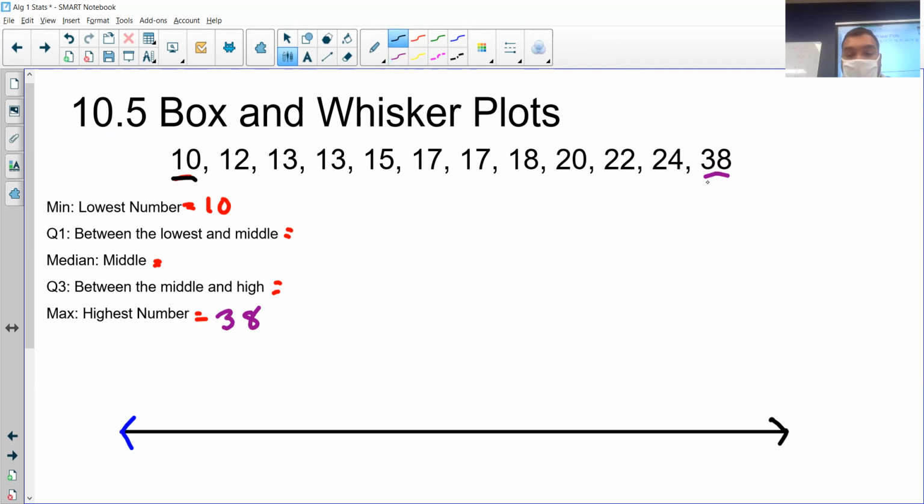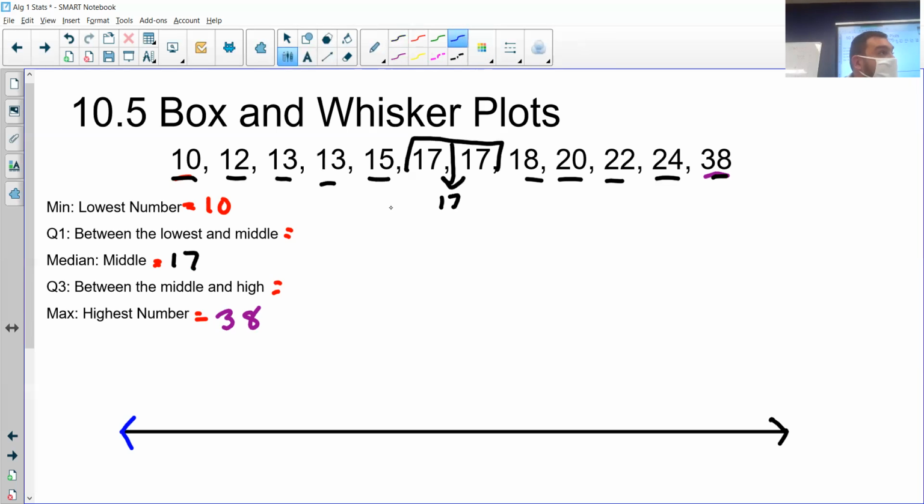So these 2 numbers right here happen to be in the middle, 17 and 17. You take the number in between, but because it's the same number, it's 17. So the median is 17.